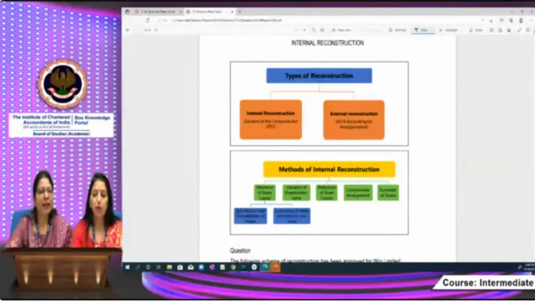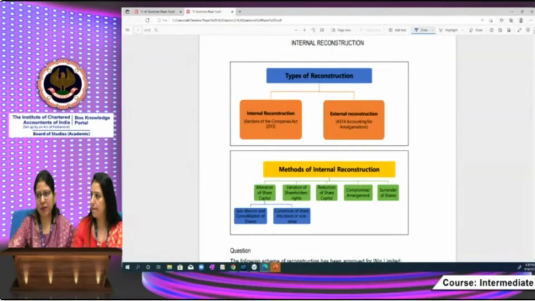Now, regarding the ESOP chapter, I think we can guide them. The entire chapter on accounting for ESOPs, that is chapter 3 in your study material, module 2, was revised in the September 2021 edition based on the new guidance note. So we are not covering the entire guidance note, but we will take a small question here.